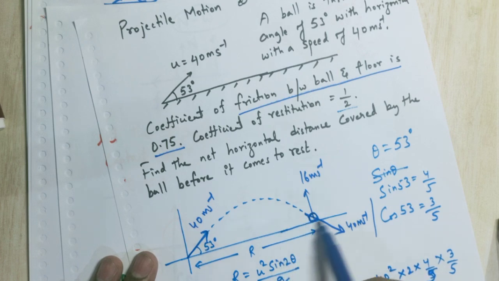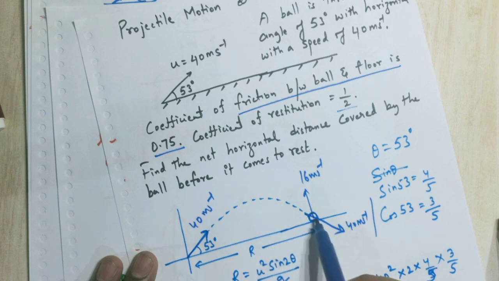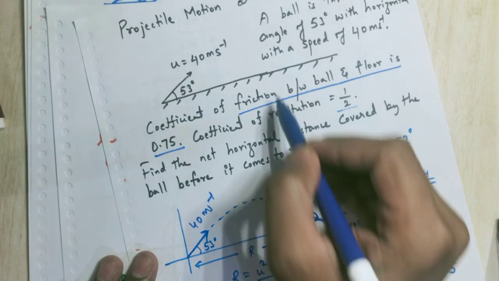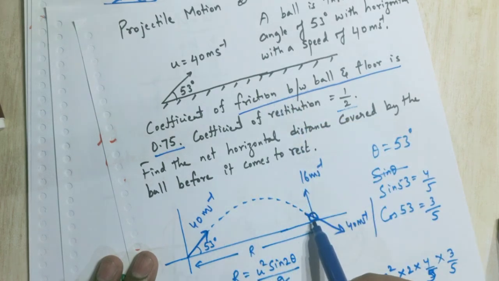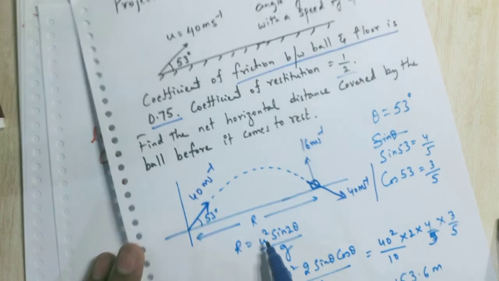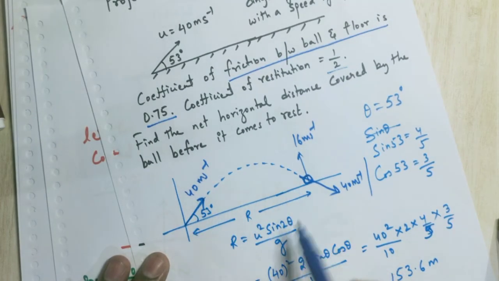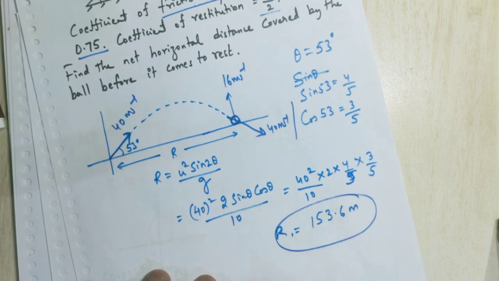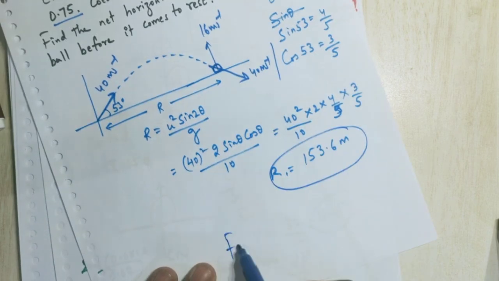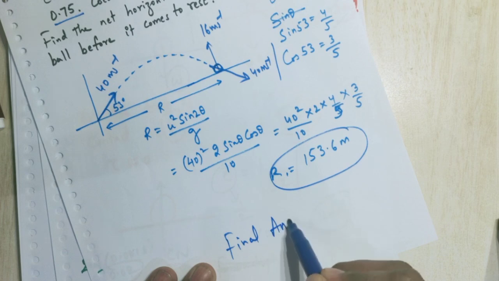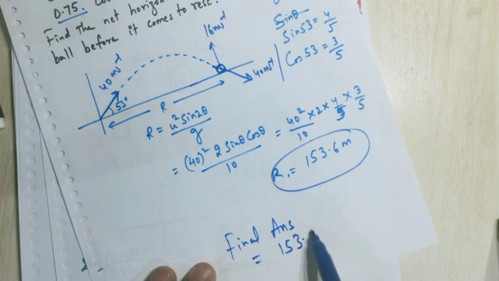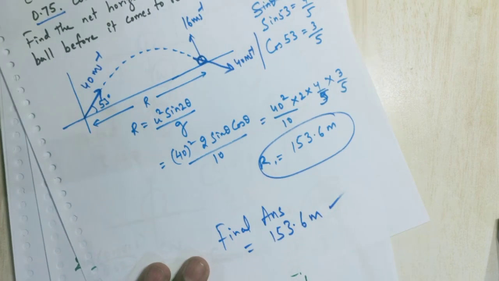So there is no velocity in the horizontal direction, only in the vertical direction. So once the ball hits the ground, it will bounce back in the upward direction. When it bounces back, it will only keep moving in the vertical direction, it cannot move in the horizontal direction. So the maximum horizontal distance covered by the ball is nothing but this range itself. So the final answer will be 153.6 meters. This is the final answer.